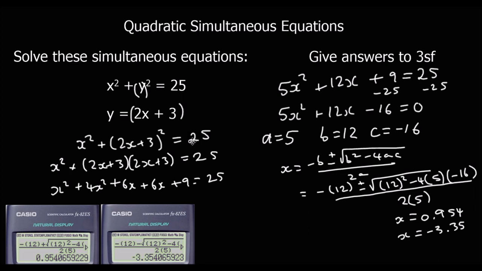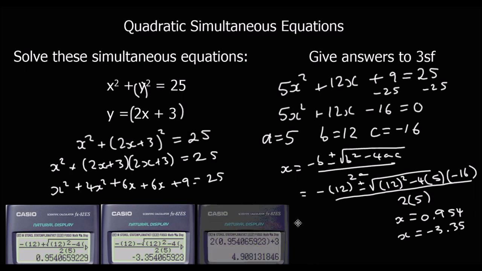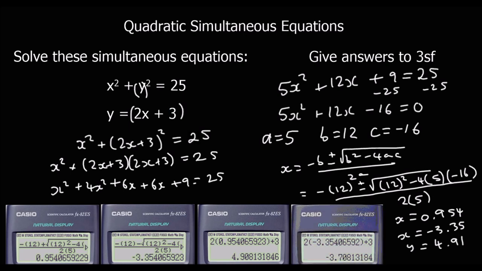So to find the y values, we have 2 of these plus 3 or 2 of these plus 3. So I'm going to use the calculator again. So for the first one, that's y equals 4.91, and for the second one, y equals minus 3.71.